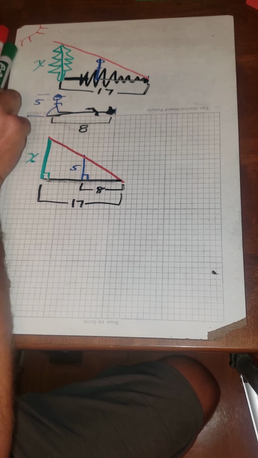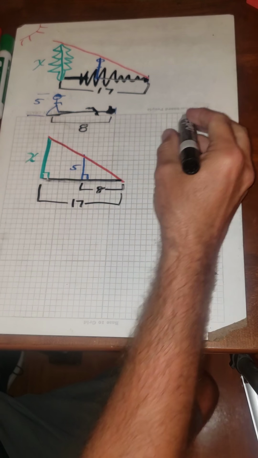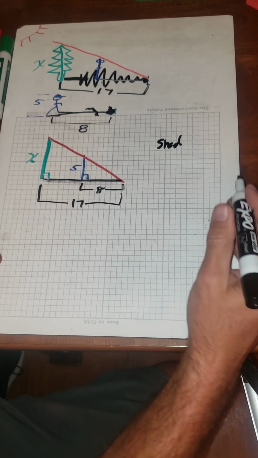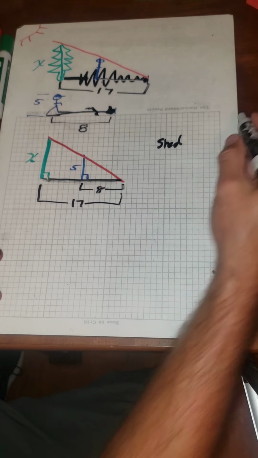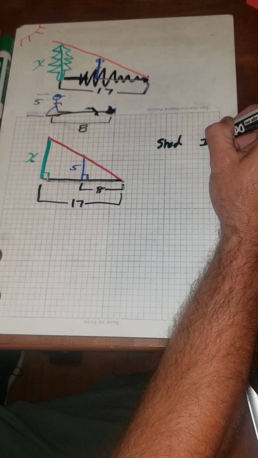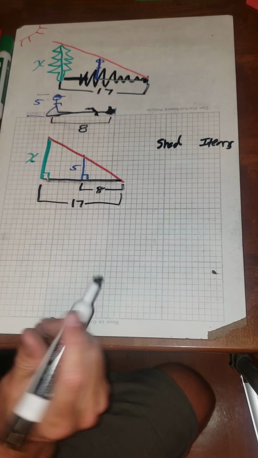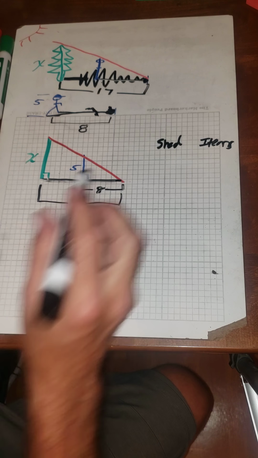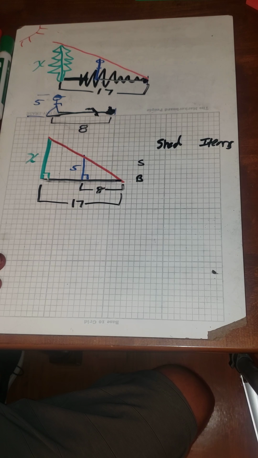So what I have is a shadow. Okay? I have a shadow. That's the things that are here. And then I have the items, the person or the tree, whatever you want to say. So we have the shadow and the person or the tree. And then we have a small and a big, just like that. Okay.